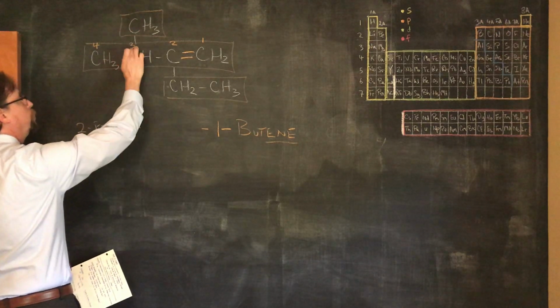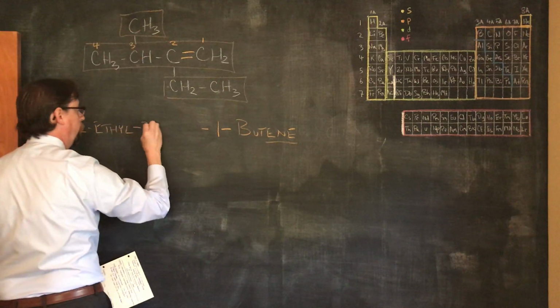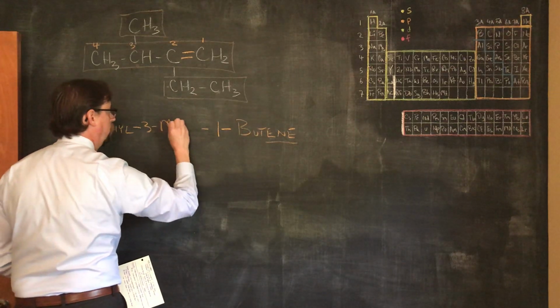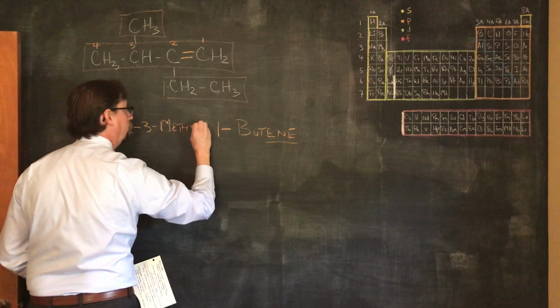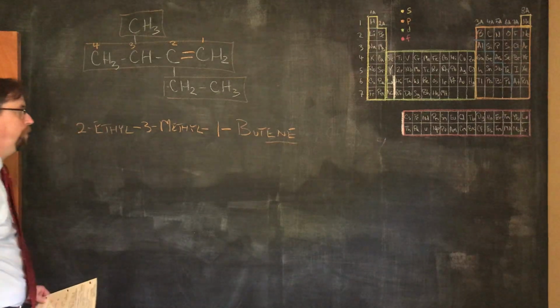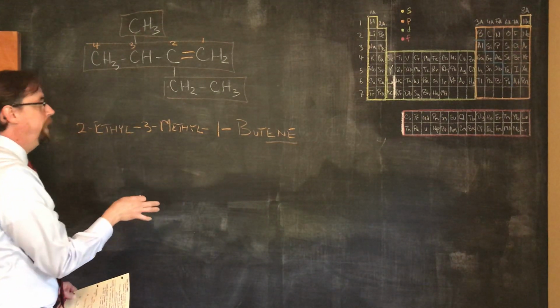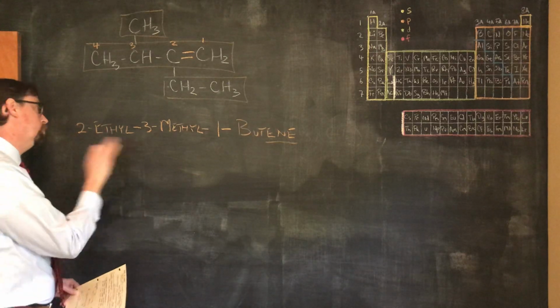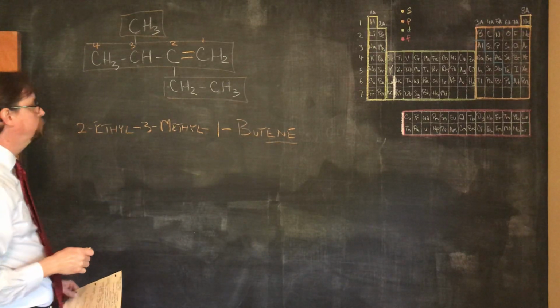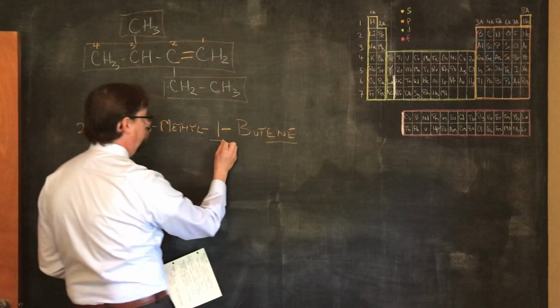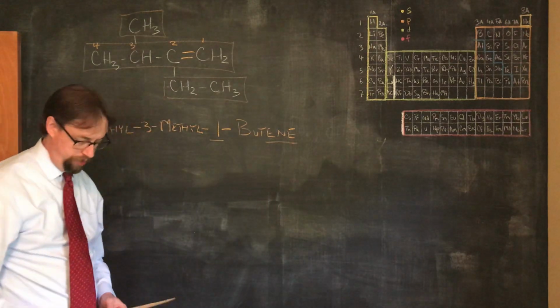Here's the methyl group. It's off the 3rd carbon, so 3-methyl-1-butene. So I've got the branches, and I've indicated where the double bond is. This molecule has been named, and this number here tells me where that double bond is.